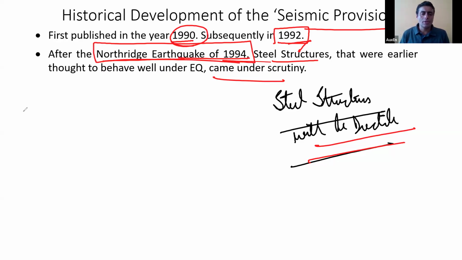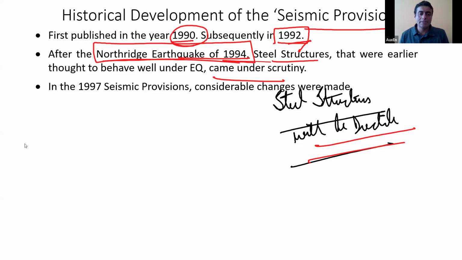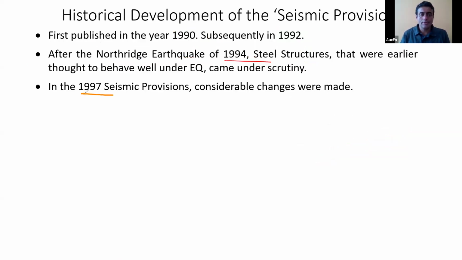But after the Northridge earthquake of 94, this was challenged because the steel structures did not behave that well. And when the next seismic provision came in 1997, considerable changes were made to it.